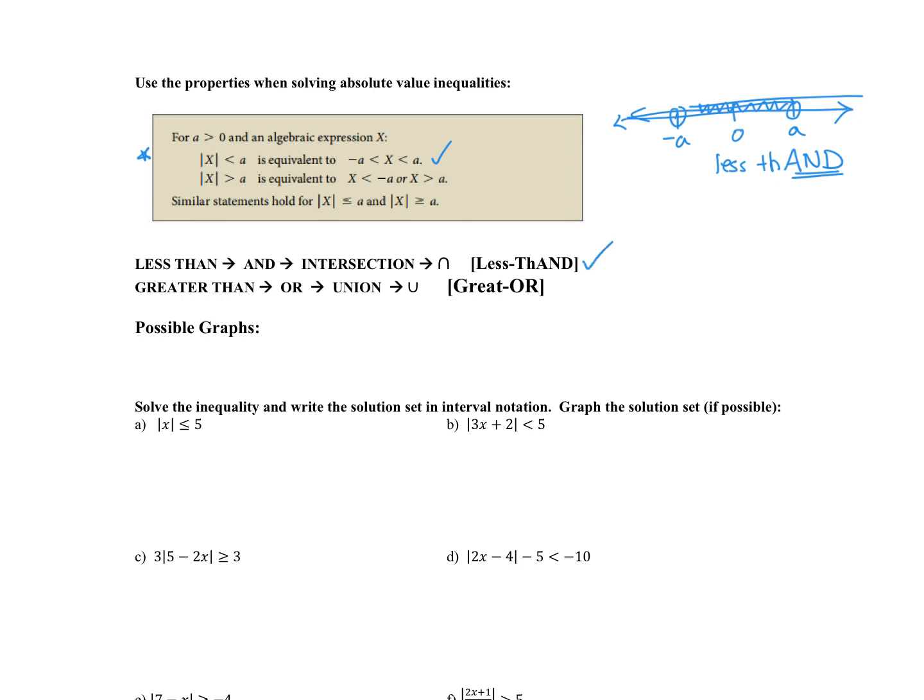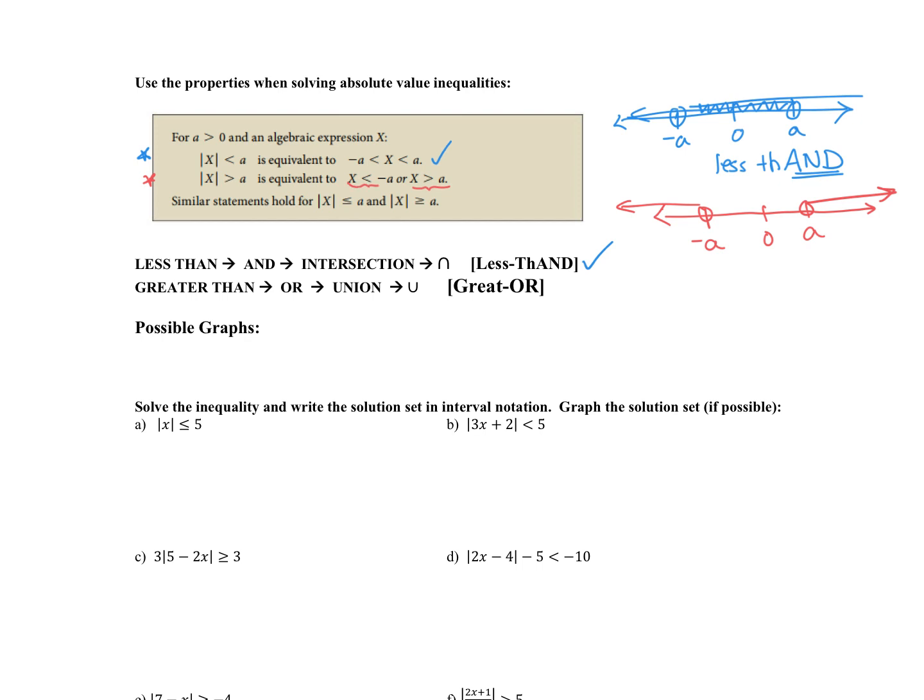The second one, the absolute value of something being greater than a, might look like this, greater than a, or less than negative a, and that's exactly how we write it. We say x is greater than a, or x is less than negative a.